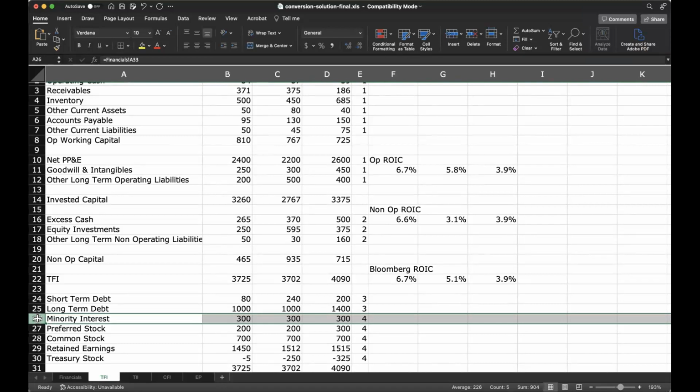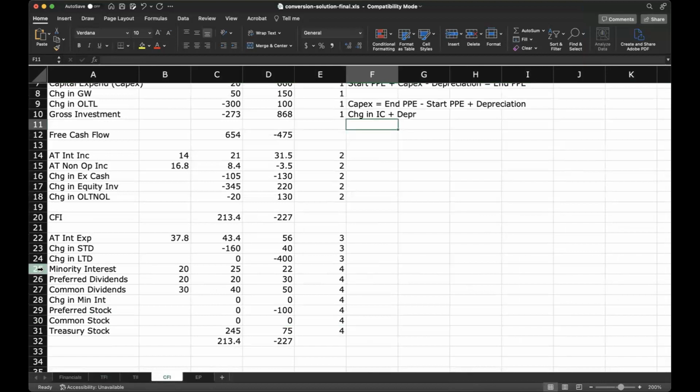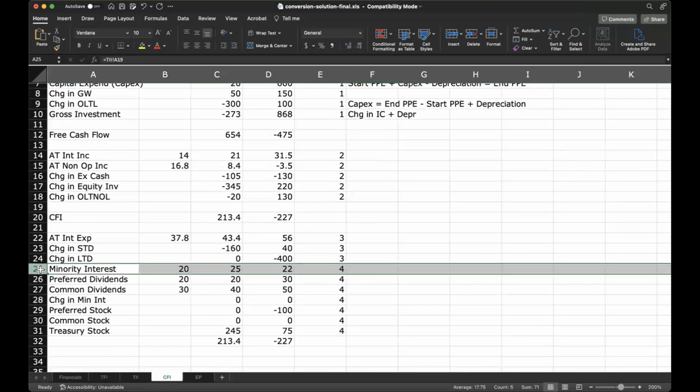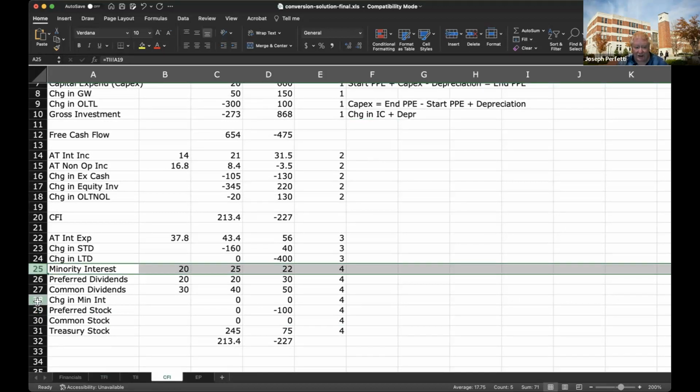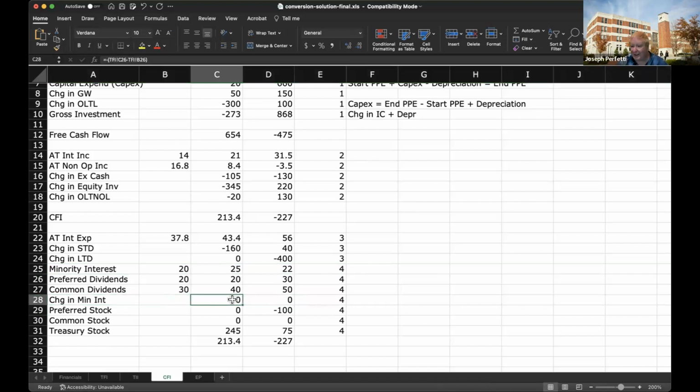Could you go back? So on the CFI, you'll see, and that's why I gave you the formulas. This is the minority interest, which is the dividend payment to those minority shareholders. That's coming from the income statement, TII A19. You can see the cells up top. This is the change in the balance sheet minority interest, which is the actual equity account of the minority interest.